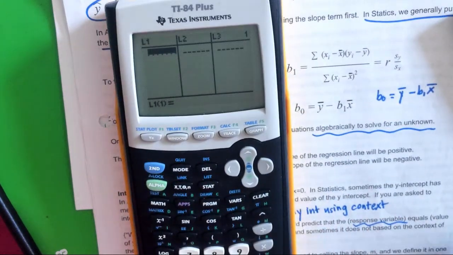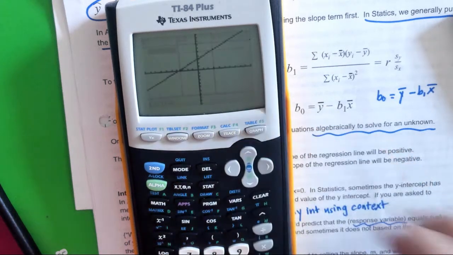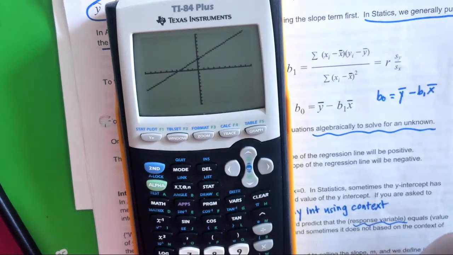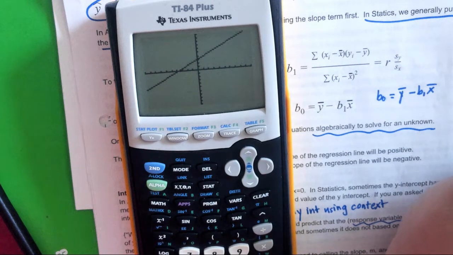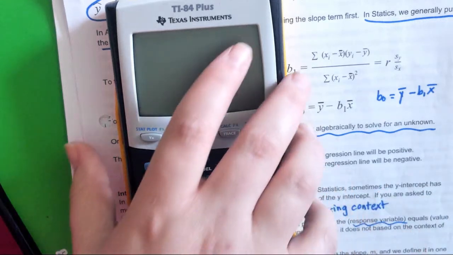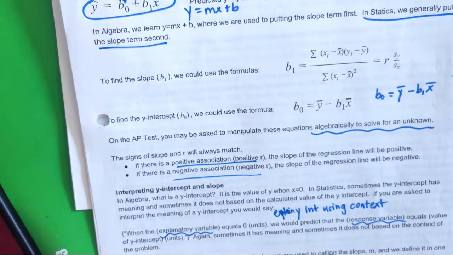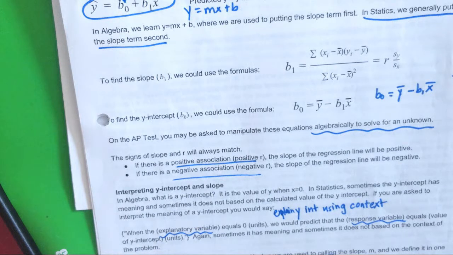So there's potential that your L1 and L2 are completely empty now, if you were using mine, because they were really confused when they pressed graph, and they were not seeing a line, and they were seeing your hot mess of a scatter plot, or some were box and whiskers. They were confused. So does someone have their calculator? Alex, do you still have L1 and L2 saved for something in yours? I don't think so. Does anyone have any L1 and L2 values saved in their calculator so I can mess with it?